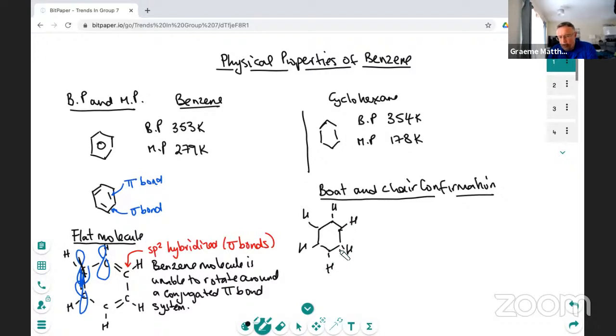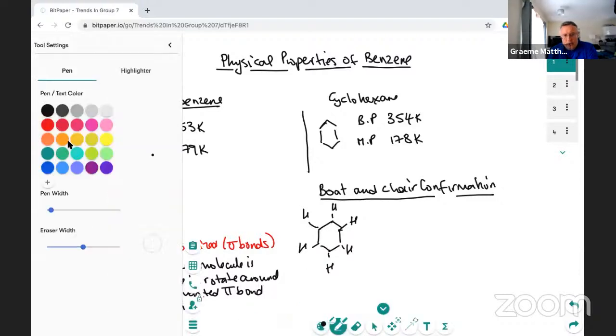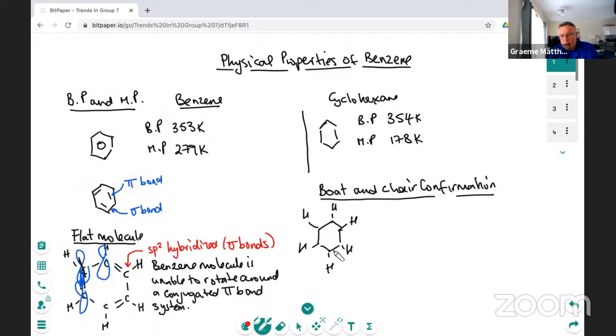There aren't any pi bond systems, there aren't any double bonds, anything. And so in my cyclohexane right here, if I take a look at this carbon right here, this carbon is sp3 hybridized. And what this means is that they're all single bonds.